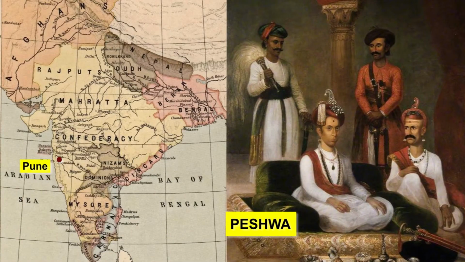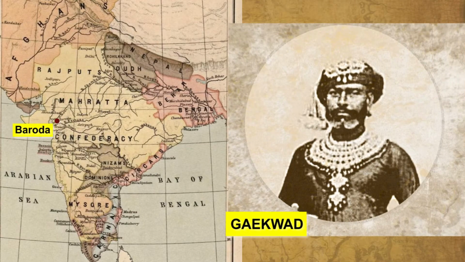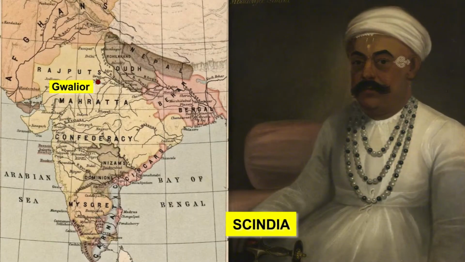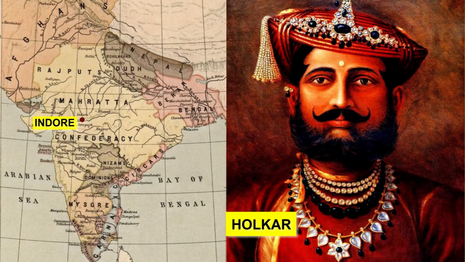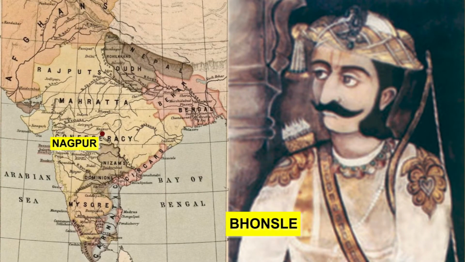The Maratha Confederacy consisted of 5 major chiefs: the Peshwa at the capital of Pune, the Gaikwad chief of Baroda, the Sindhya chief of Gwalior, the Holkar chief of Indore, and the Bhosle chief of Nagpur.